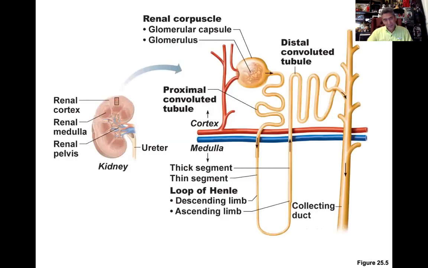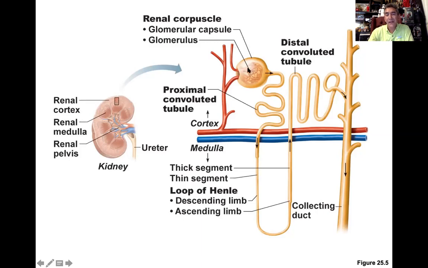So I hope this is making sense, right? A lot of vocabulary here, but we're coming in with the afferent blood vessel, glomerular capsule, surrounding then the glomerulus, that capillary, and then that capillary leaves back into an arterial circulation, right?